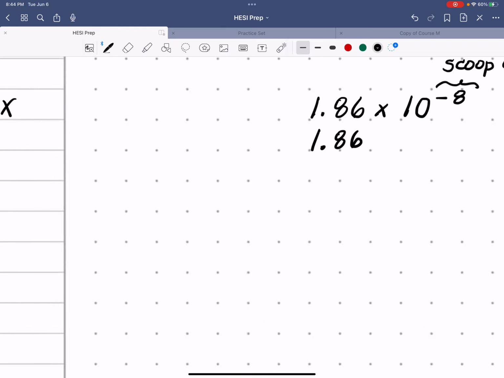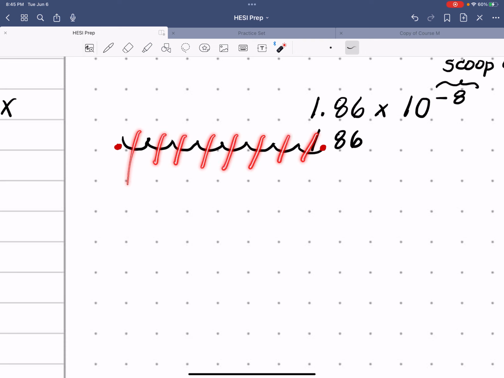Okay, so here's 1 scoop, 2 scoops, 3, 4, 5, 6, 7, 8, and then I'm going to drop the decimal right there. And I need to make sure I did 8. Let's count them again. 1, 2, 3, 4, 5, 6, 7, 8.